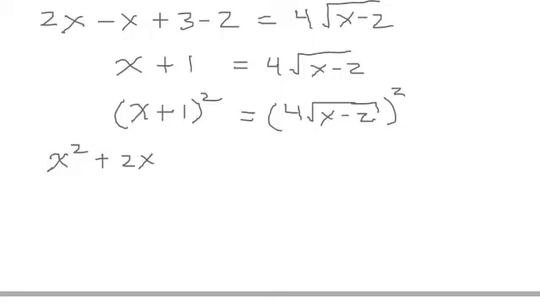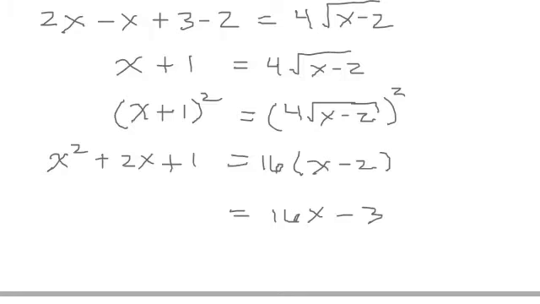Add both those terms together, and then 1 times 1 is just 1. Of course, we square the 4, and that becomes 16. And then squaring the square root, that's just going to go away. So we have 16x minus 32. Yeah, 16 times 2, 32. We'll go ahead and rewrite the left side.